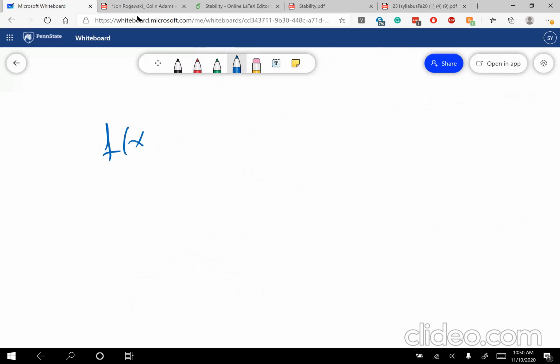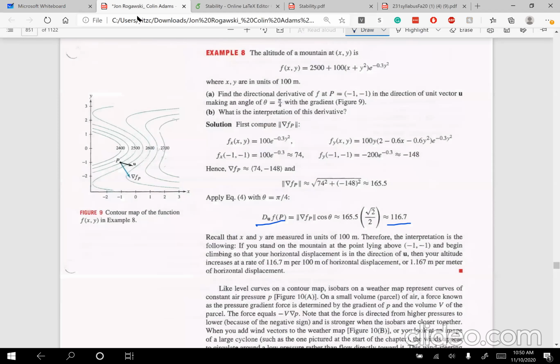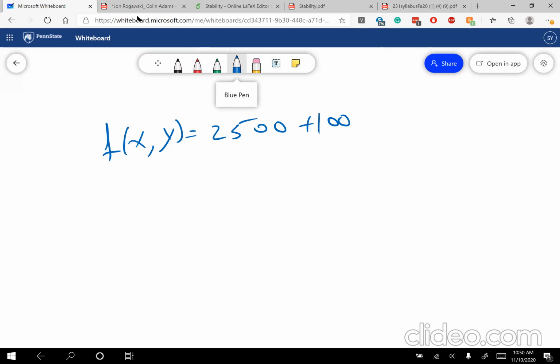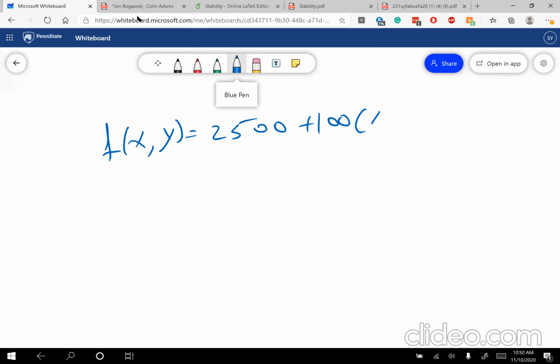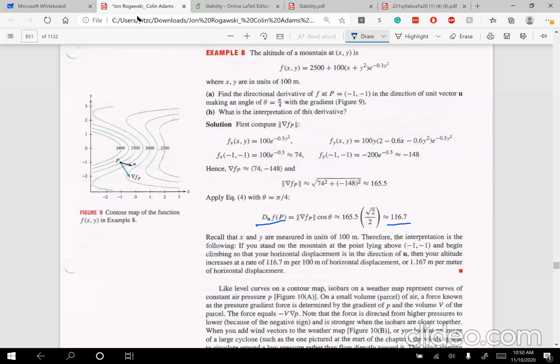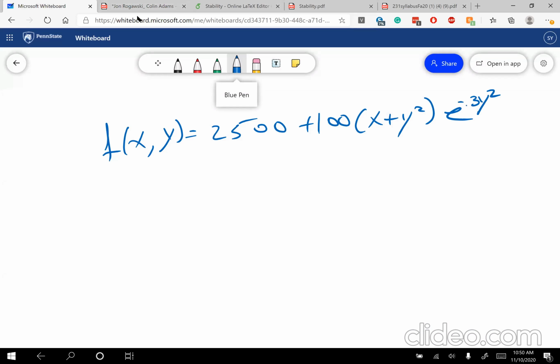So f of x, y is equal to 2,500 plus 100 times x plus y squared times e to the negative 0.3y squared. So the gradient of f at x, y is going to be the partial with respect to x, partial with respect to y.